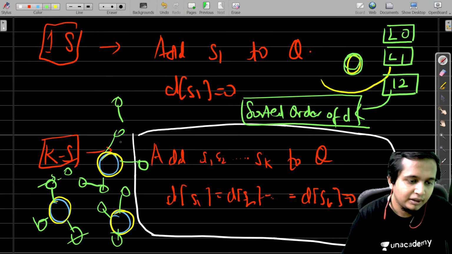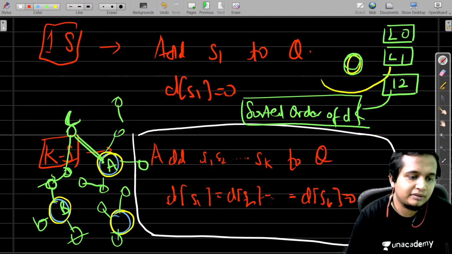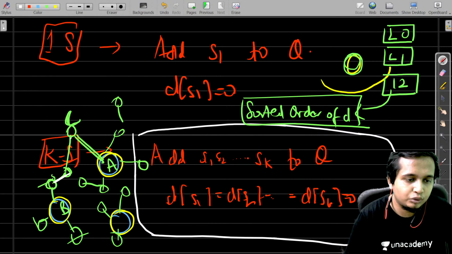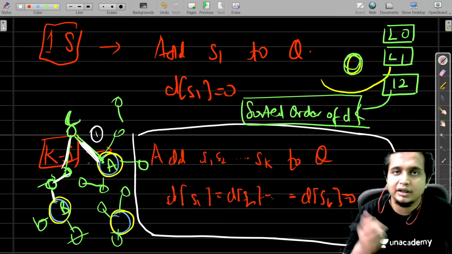Suppose there is some edge which is directly connected to it, and this is let us say A and this is let us say B. And this node let us call C. So we can see that C and B are connected using three edges actually, but C is connected to A using just one edge. And what did I tell you?